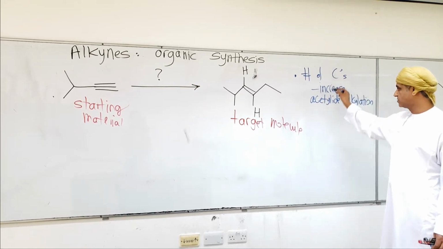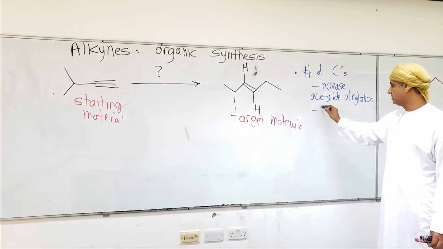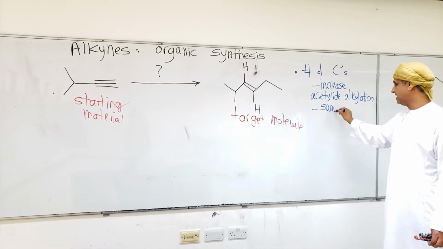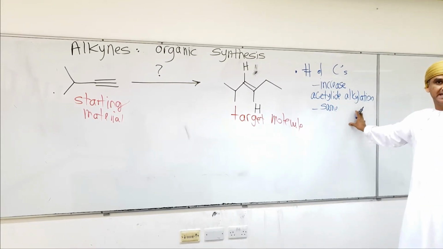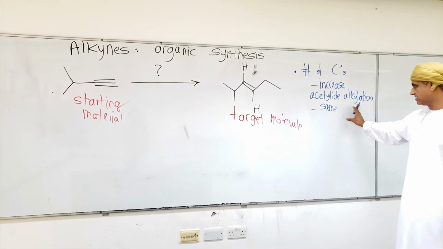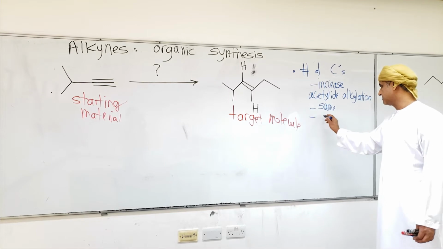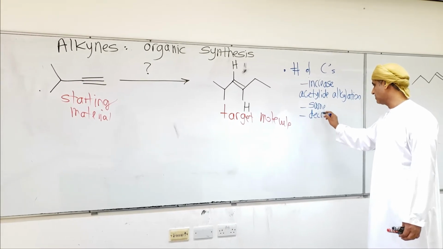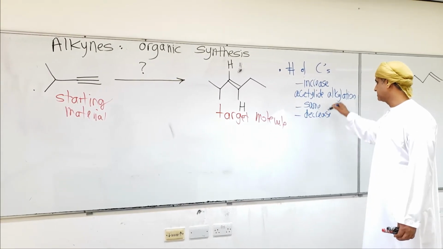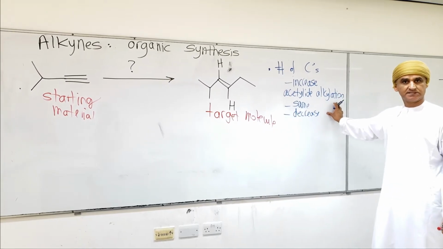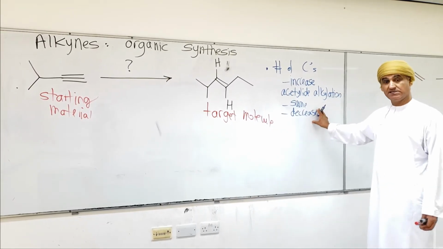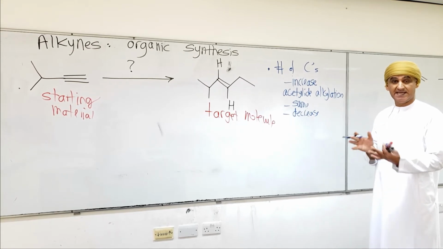So this is one way to increase the number of carbons. The number of carbons could increase. It could also be the same. If it's the same, then obviously there's no way for the acetylide ion formation or alkylation to be part of the steps of the synthesis. That's not possible. If the number of carbons has decreased, then again, the acetylide alkylation cannot be part of the synthesis. If there is a decrease, then there could be a cleavage reaction.